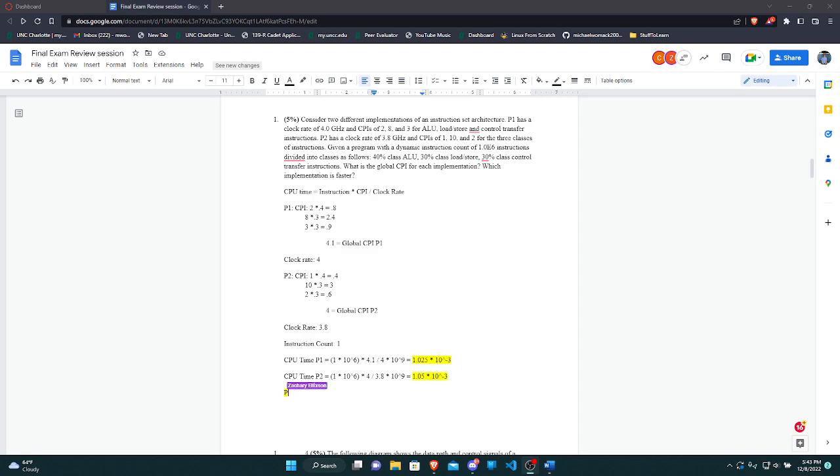Interesting. 1.025 is smaller, which means it's faster than 1.05. That's it for this question. Hopefully even if you can't do the math, you can still see that 4.1 divided by 4 can be smaller than 4 divided by 3.8.